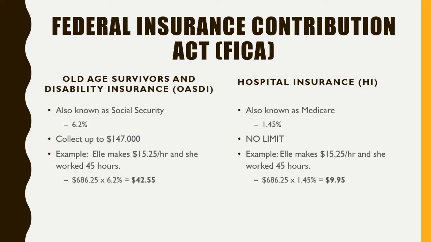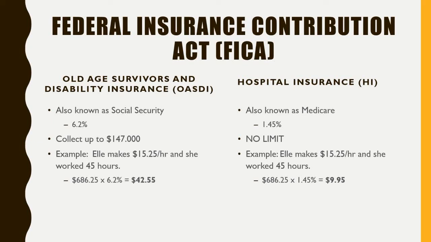Okay? Whereas Medicare, right? Nope, there's no cap limit. If you go beyond your Social Security limit, you could still keep on working and still paying into your Medicare. There's no cap limit for this one.